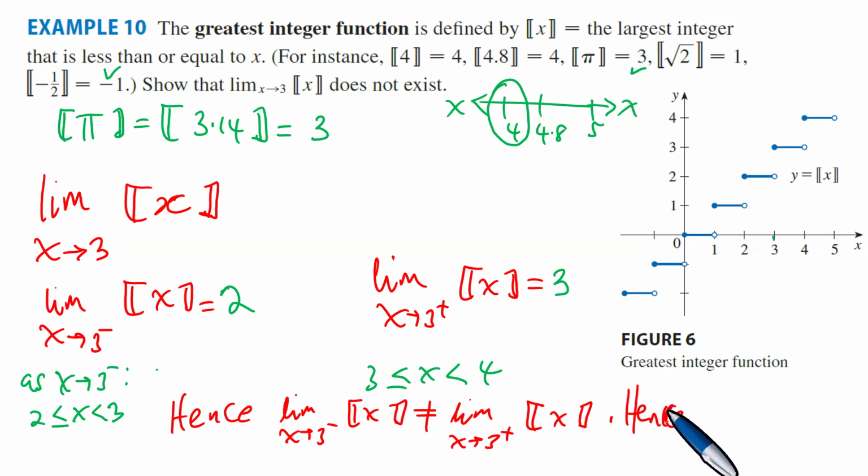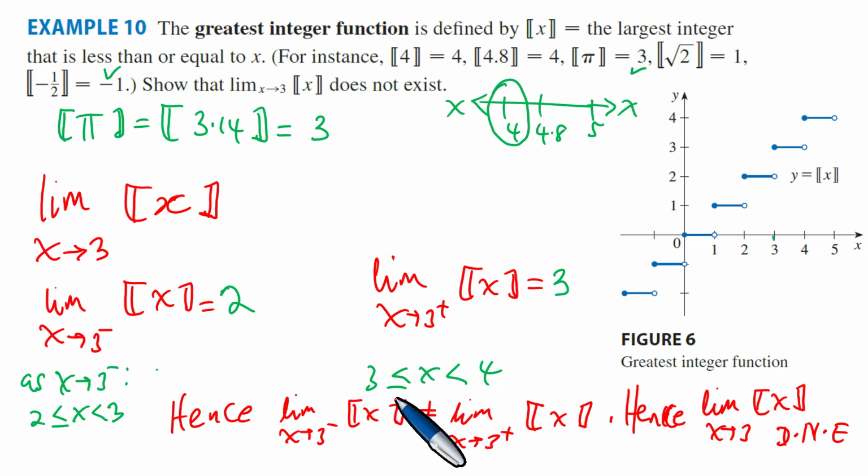Hence, the limit as x approaches 3 does not exist because the left and right hand limits are different. Any question on this one, Atlehang?